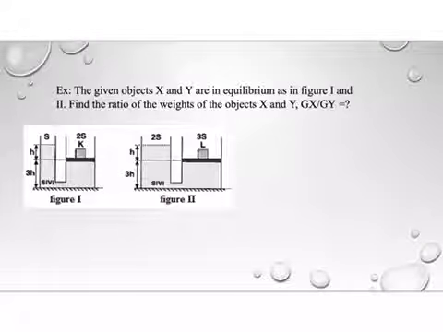In the last example, the given objects X and Y are in equilibrium as in the figure 1 and 2. Find the ratio of their weights. Again, I set 2 points at the same level, touching the same liquid.